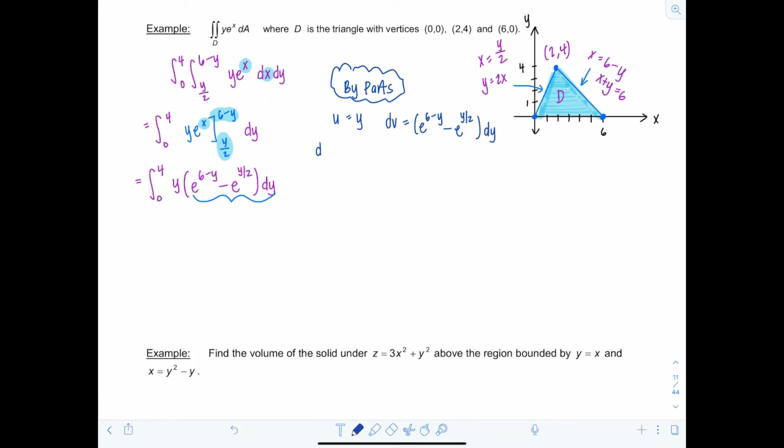So then du is equal to dy, yes, and v is going to be negative e to the 6 minus y minus 2e to the y over 2. Okay, beautiful.